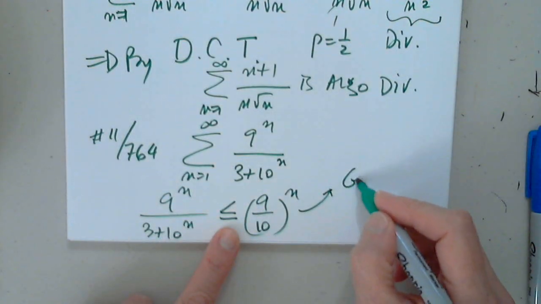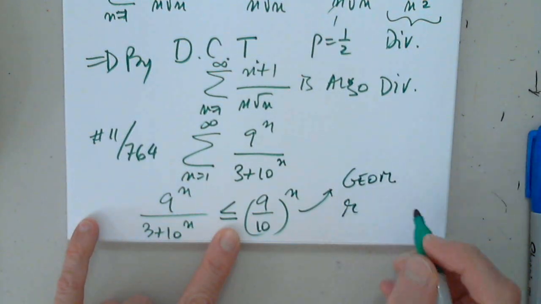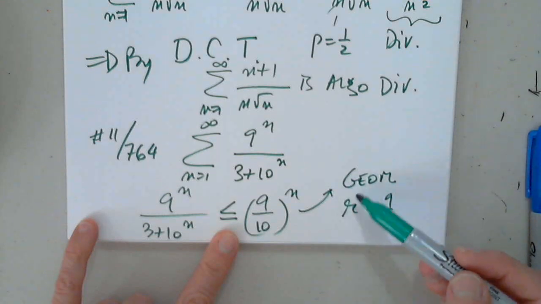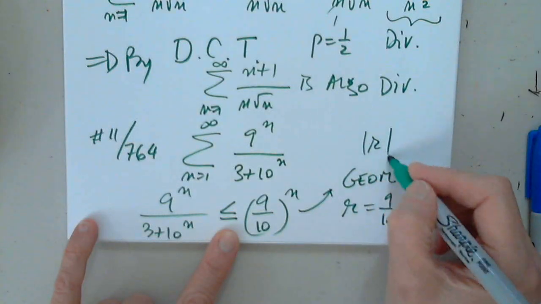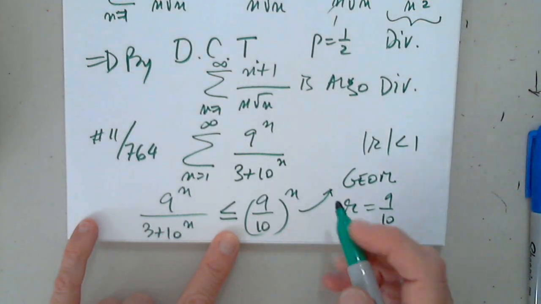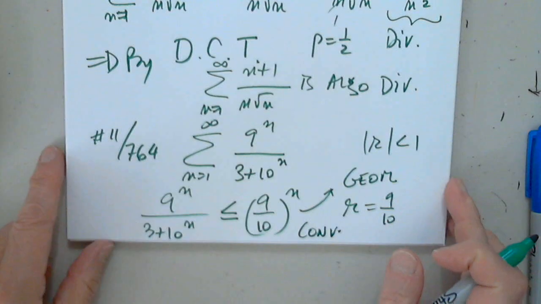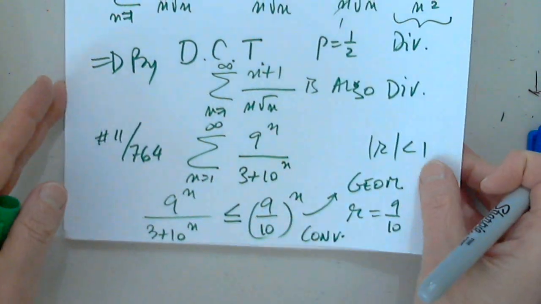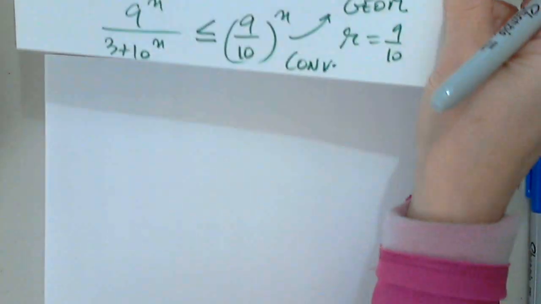But this is geometric with the common ratio 9/10. So as long as the absolute value is less than 1, then we are safe. In other words, this is convergent. Therefore, the initial series is convergent by the direct comparison test.